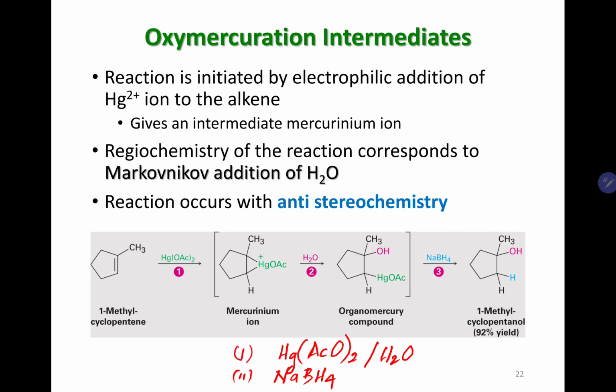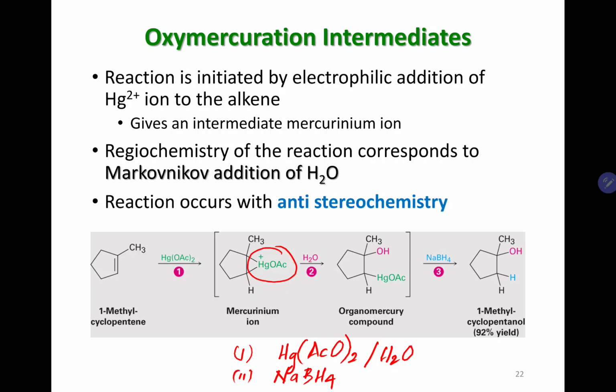And here we can still see that this mercuric acetate forms a cation which we call mercurinium ion, which is very similar to the bromonium ion, and it basically shields one side of the ring, so that the incoming water molecule can only come from the opposite plane. That is something important that you have to remember.